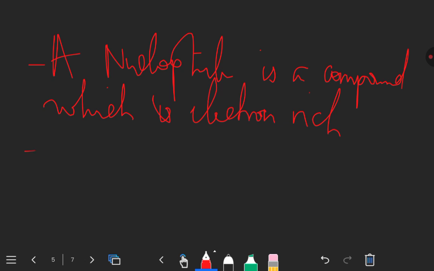An electrophile, on the other hand, is simply a compound which does not have a lot of electrons, so it is electron deficient.